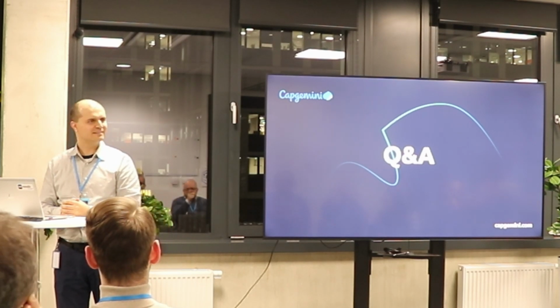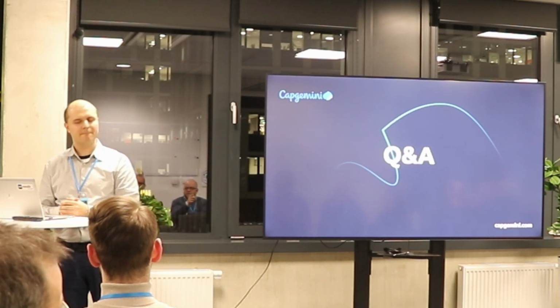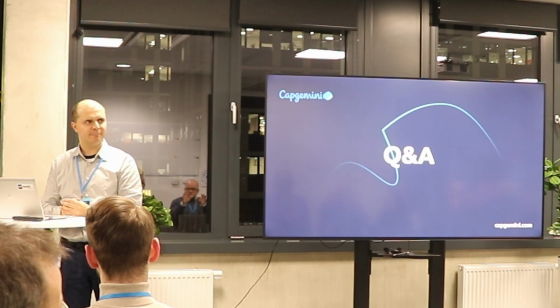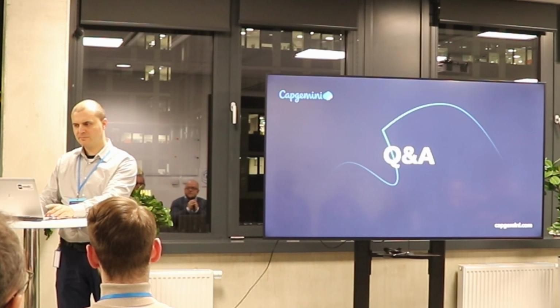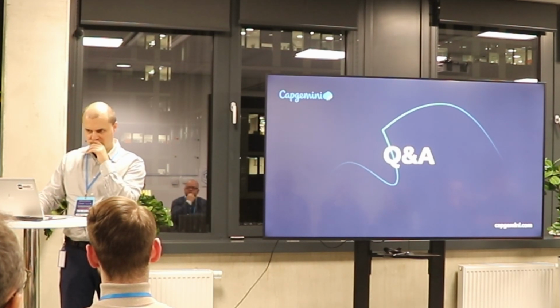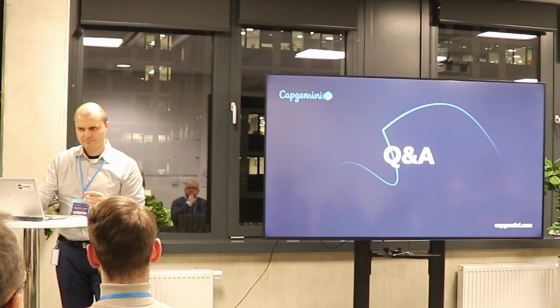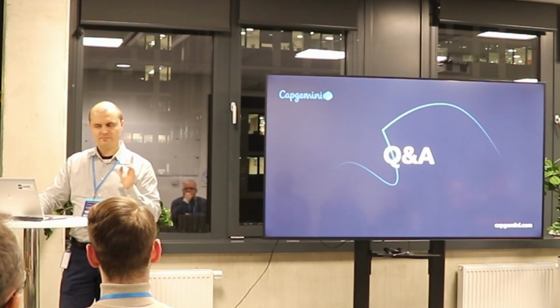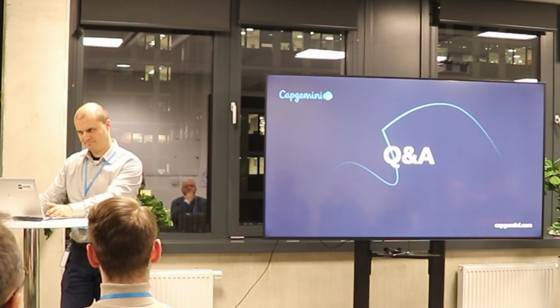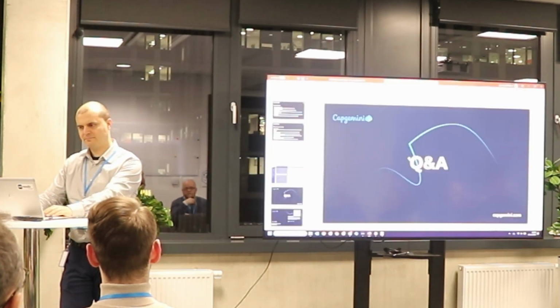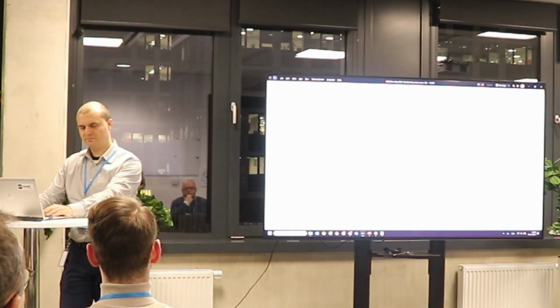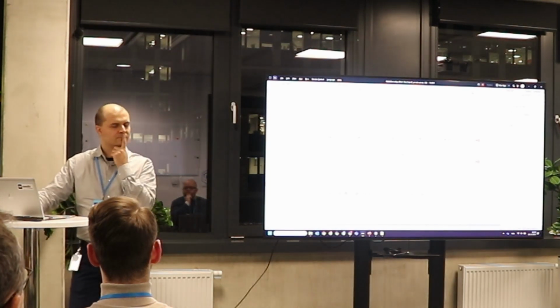Yes? Regarding the application you showed us from the model perspective, with all the modules you put in there, was that all coming out of the box, or did you implement it yourself? I mean all the different aspects you showed us, is that out of the box, or did you get that data from somewhere?